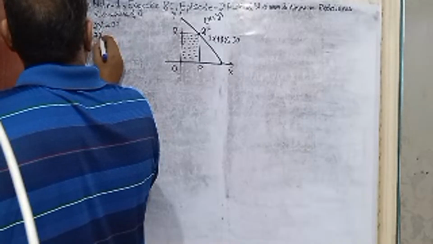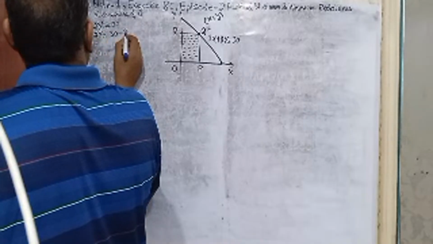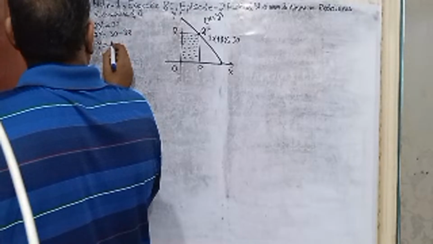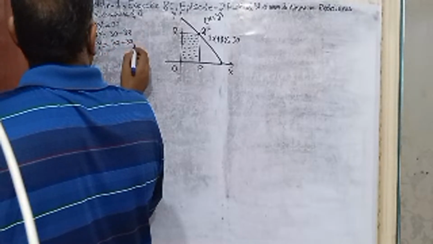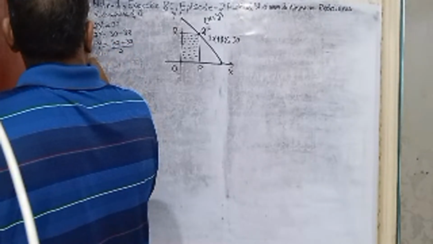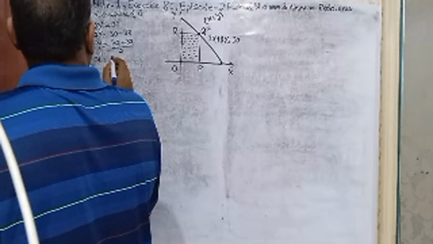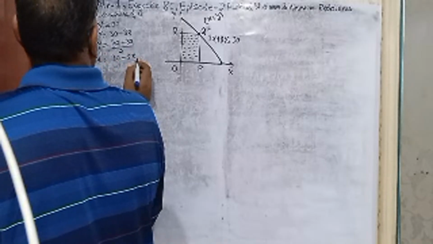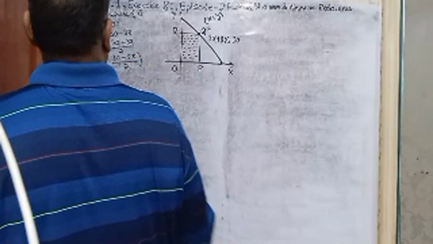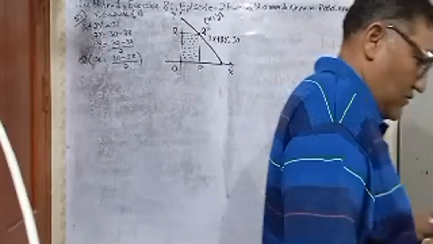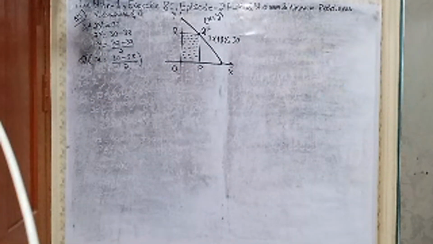So 2y will be equal to 30 minus 3x, so y will be equal to 30 minus 3x divided by 2. So the coordinates of Q are x, (30 minus 3x) divided by 2. So I wrote the y coordinate of Q in terms of x.